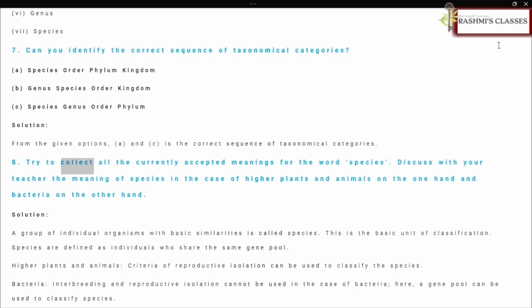8. Try to collect all the currently accepted meanings for the word species. Discuss with your teacher the meaning of species in the case of higher plants and animals on the one hand and bacteria on the other hand. Solution. A group of individual organisms with basic similarities is called species. This is the basic unit of classification.